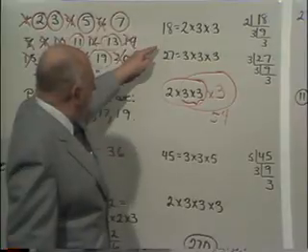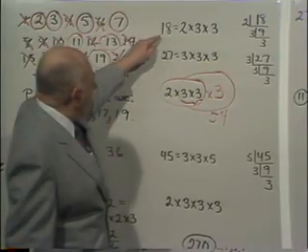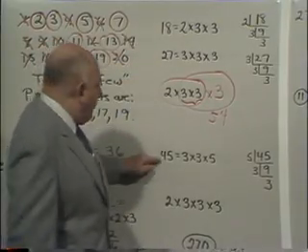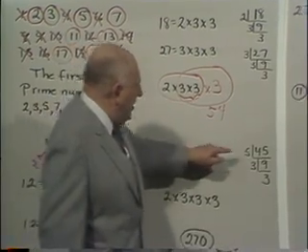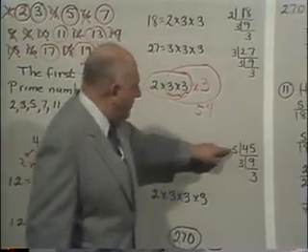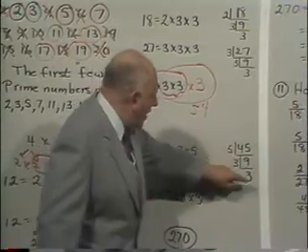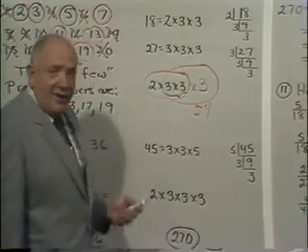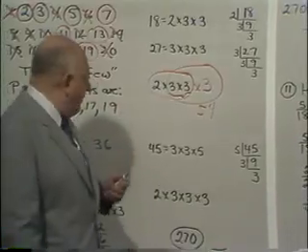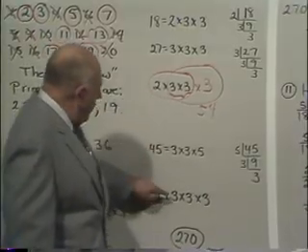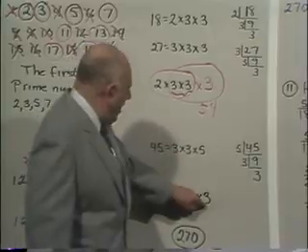Suppose somebody said to me, hey, what's the least common multiple of 18, 27, and 45? See, I break 45 down into prime factors. See, if a number ends in a 5, it's divisible by 5. 5 goes into 45 9 times. 3 goes into 9 3 times. So 45 is 3 times 3 times 5. Now look, up here I already had what? 2 times 3 times 3 times 3.